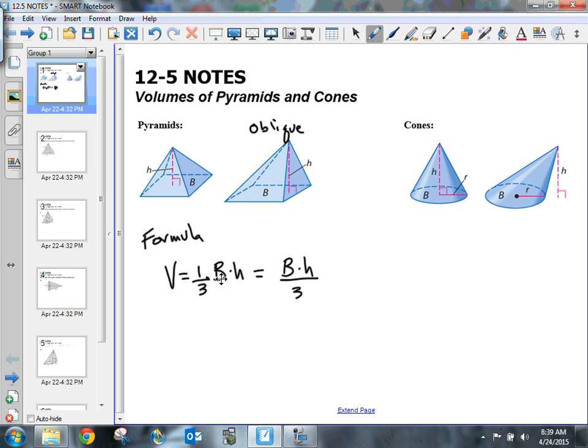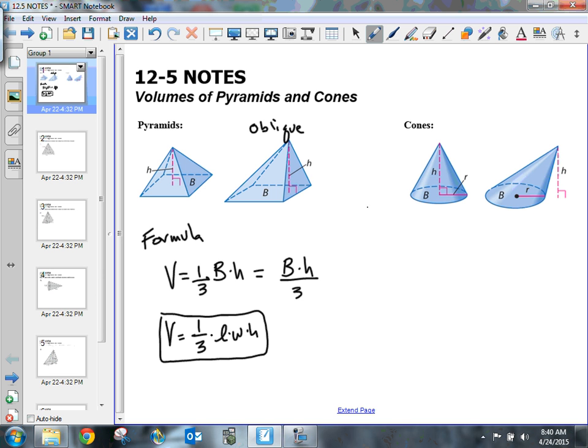You've got to determine the area of the base. If you've got a rectangular pyramid or a square pyramid, meaning the base, the bottom, is a four-sided figure, then the volume, and the standard one that you're going to see, is 1/3 times the length times the width times the height.